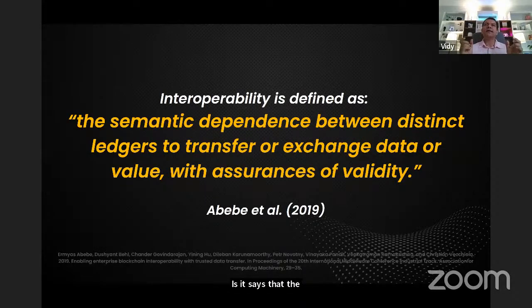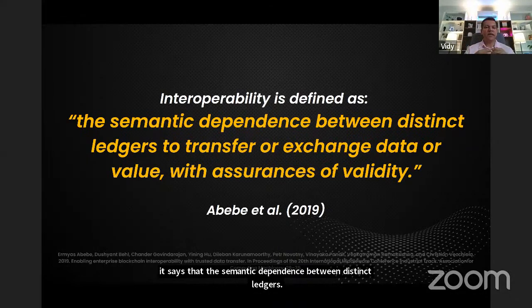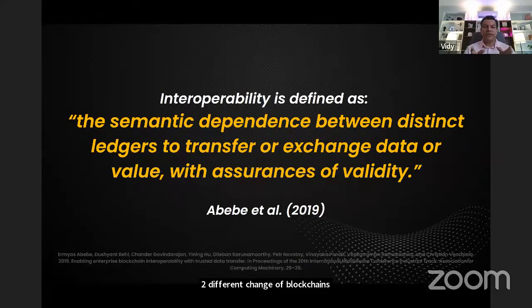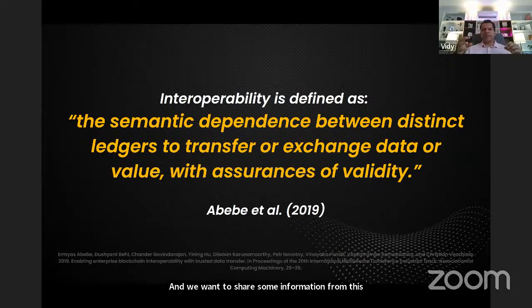Distinct ledgers means two different blockchains, to transfer or exchange data or value with assurances of validity. When we have two different blockchains and we want to share some information from one blockchain to the other, that is basically how we define interoperable blockchains.